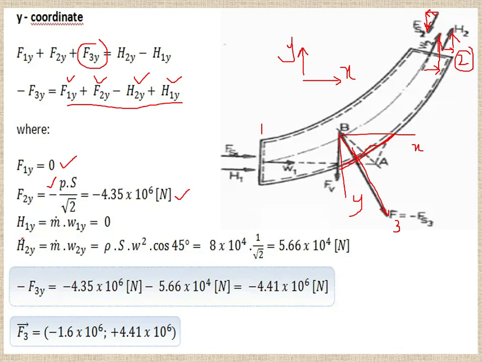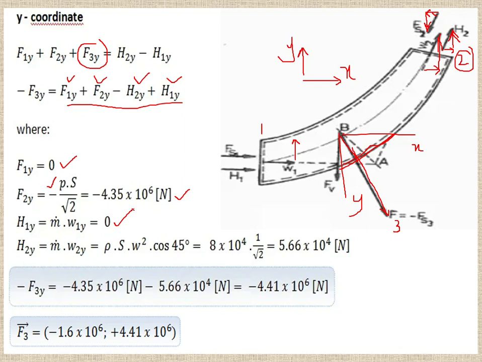Now the change in momentum, H1y, also has a component, but it is acting vertically upward, so this is positive. Now we calculate the rate of momentum in the y direction at point 1 and at point 2. At point 1 there is no velocity in the y direction, so the rate of momentum is 0.